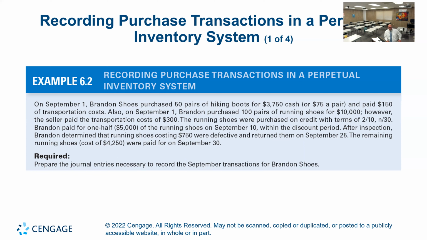After inspection, they determined that the running shoes were defective and returned them. So we returned, or write this down, returned $750 in shoes. And the remaining cost, $4,250, was paid on September 30th.